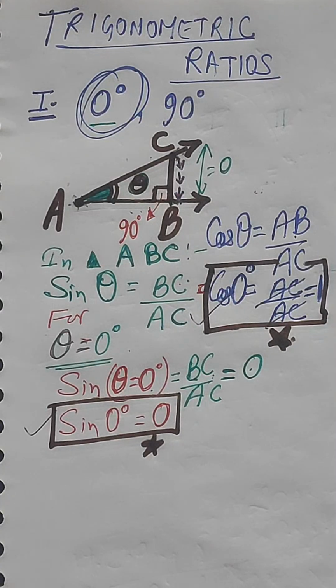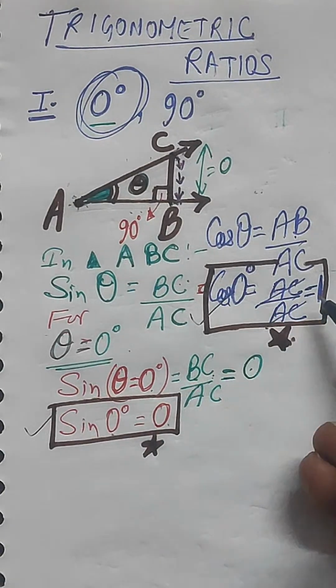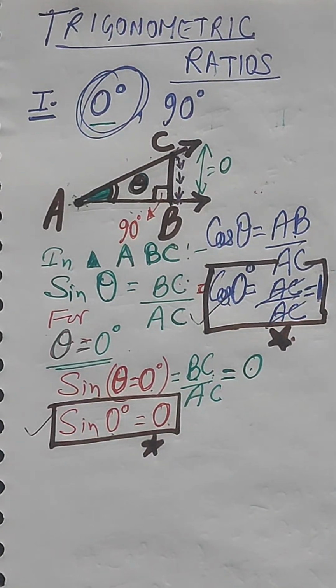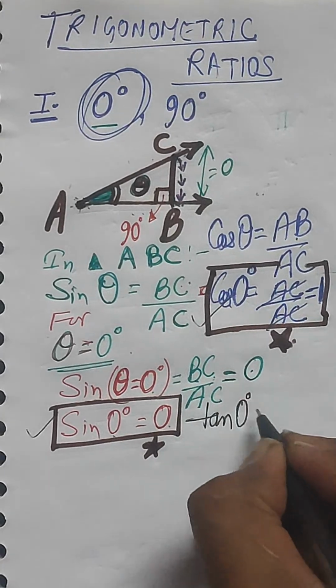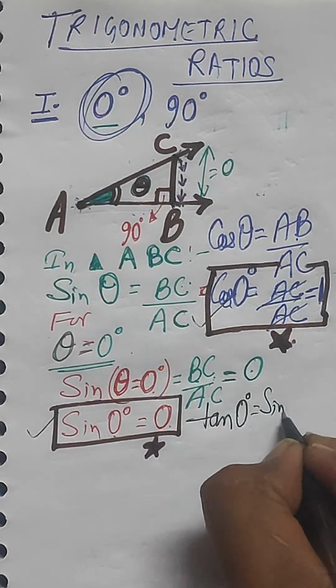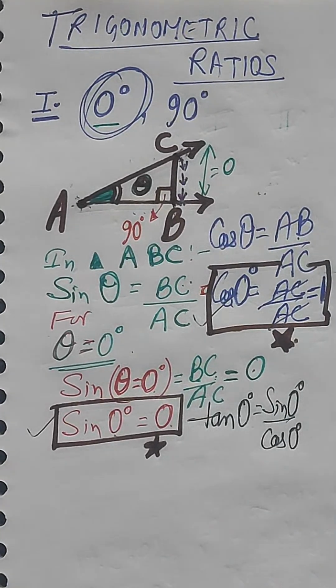And what is the value of tan 0? Since we have sine 0 as 0, and cos 0 as 1, therefore, can't we say that tan 0 degree is sine 0 degree by cos 0 degree, right?